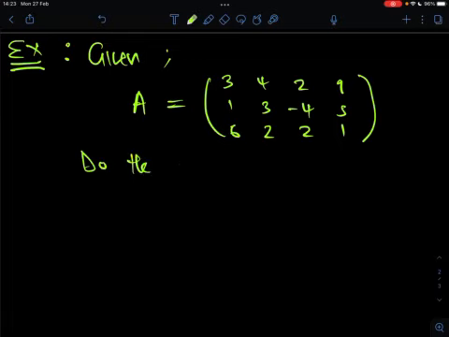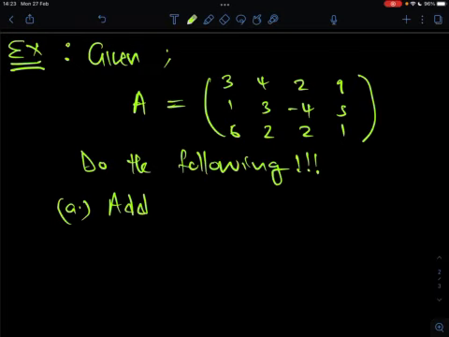You can be given this matrix that we have here at the top. The first part is add row 2 to row 3, like that.